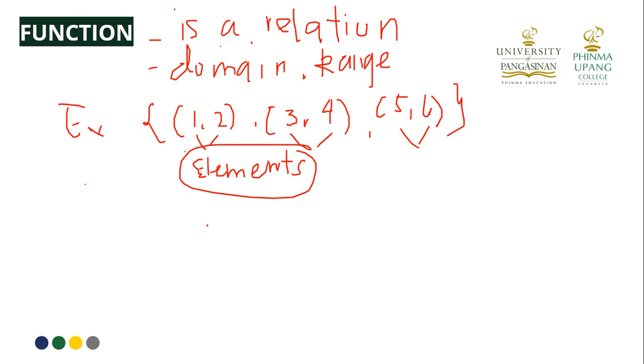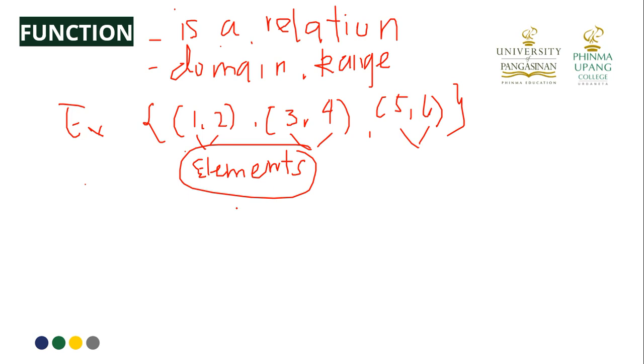Kailan nga ba nagpa-function ang isang relasyon? Siyempre, yung asawa niya dapat, kunyari, si Juan, dapat asawa niya si Marie. Si Pedro, asawa niya si Tiburcia. Si Tiburcio at asawa niya si Ilang-ilang. Pangit na pangalan, yan lang ang maisip ko. So, dapat isa-isa lang. Okay? Para matawag mo siyang function.